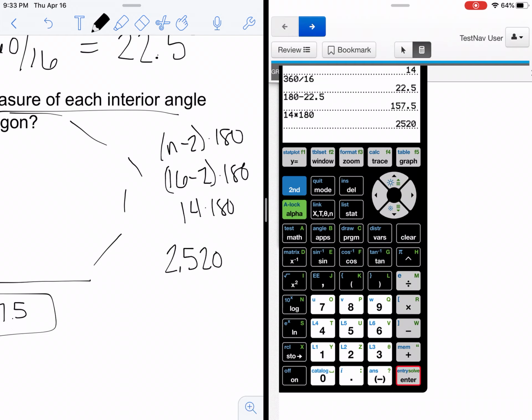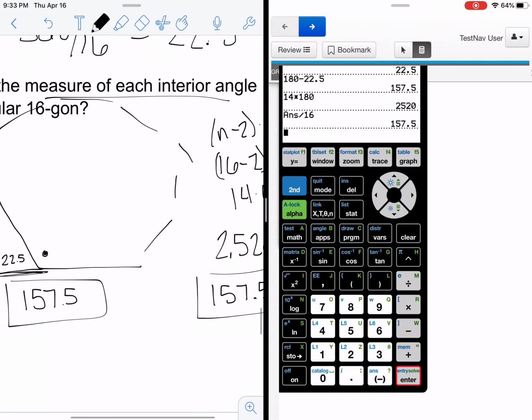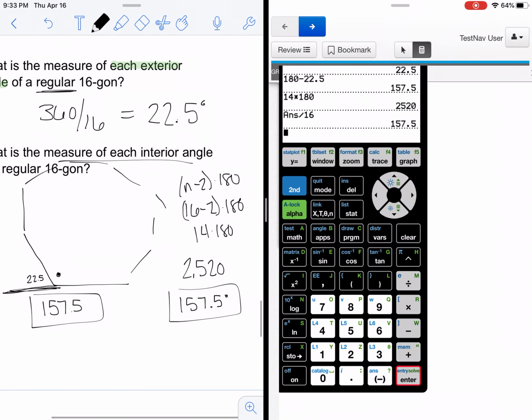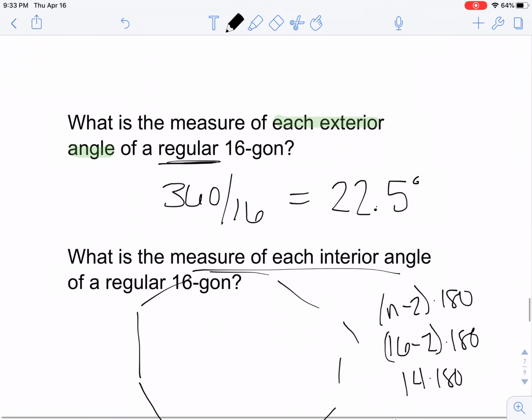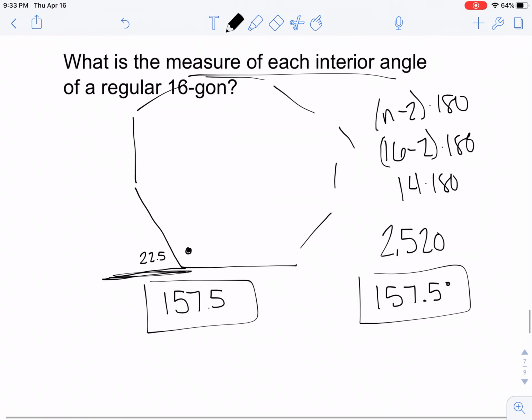But I want to know what one angle is. I could divide that by 16, and I'm going to get 157.5, excuse me, degrees. That's the same answer that I got before.